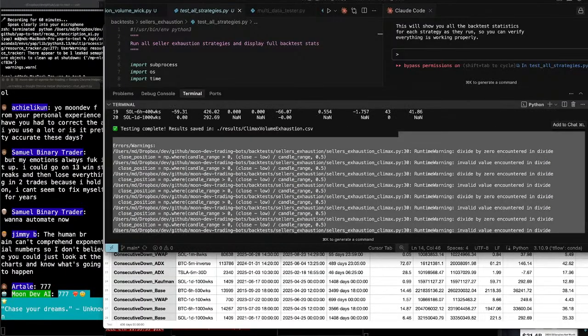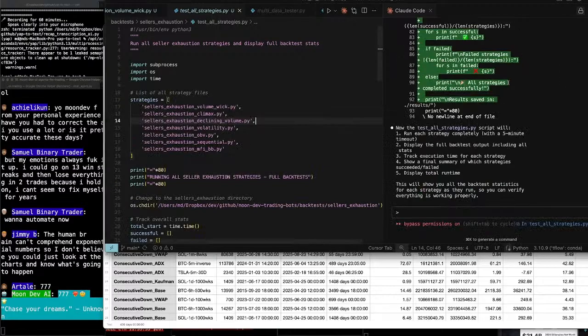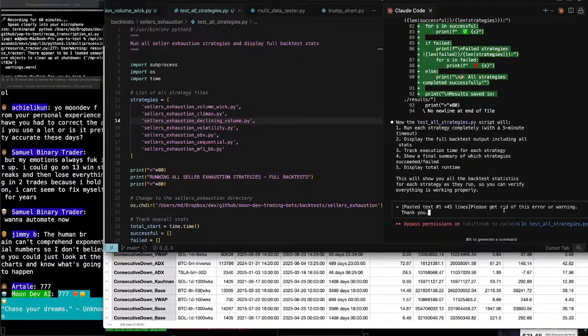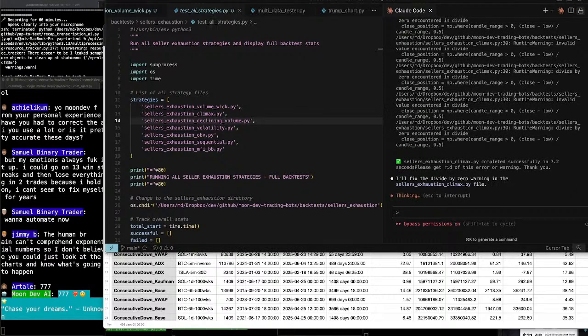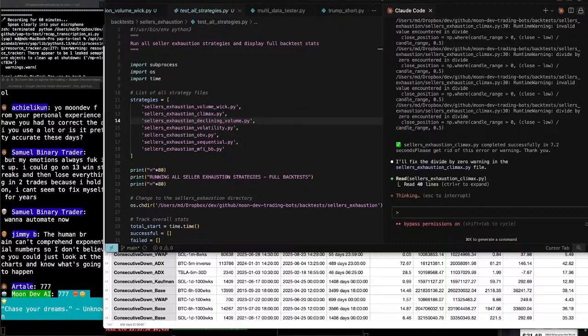Yeah, we're just backtesting at another level now. Please get rid of this error or warning. Thank you. Can't have that. No way. I'll fix the divide by zero warning.